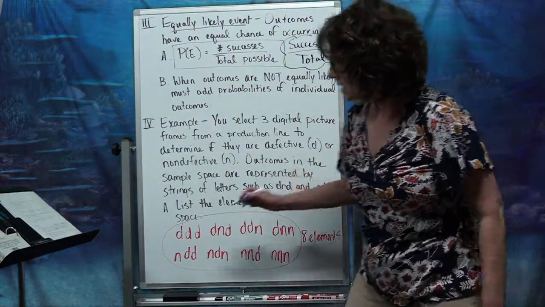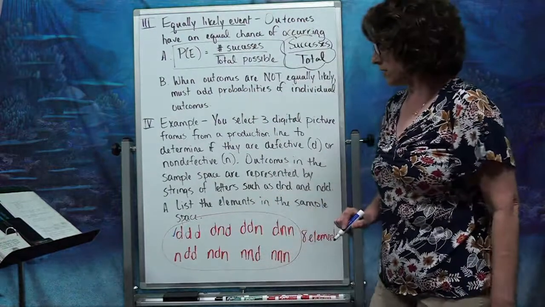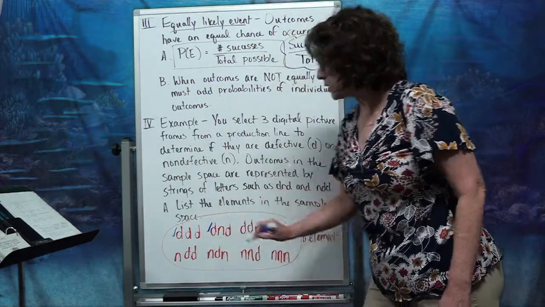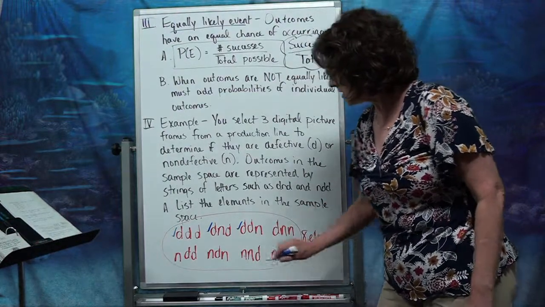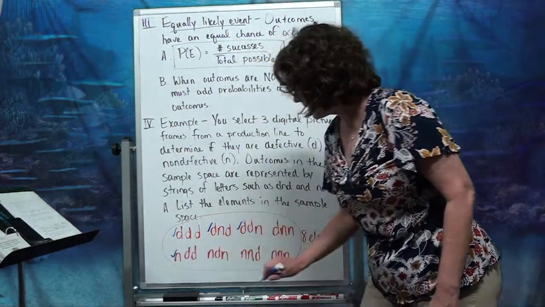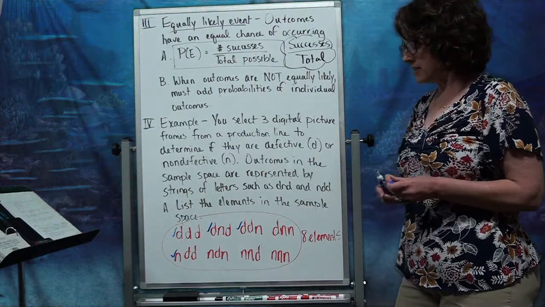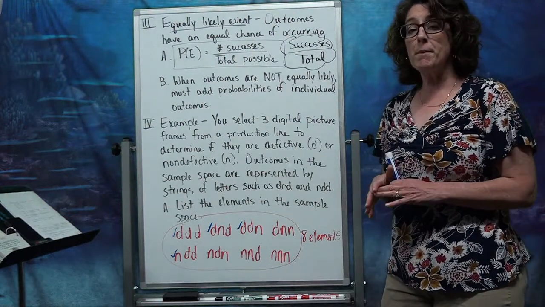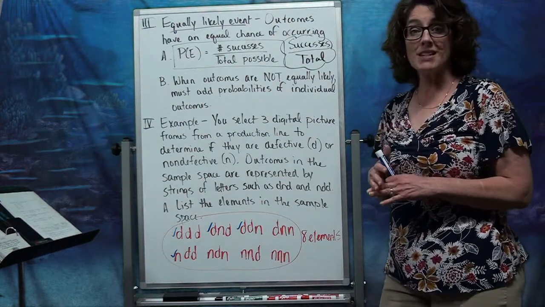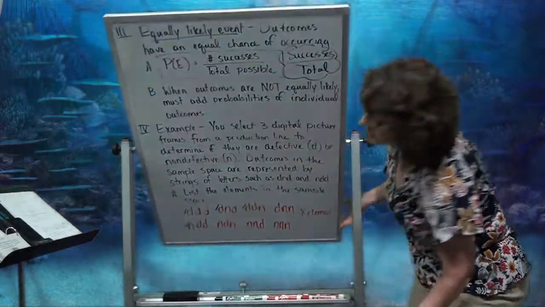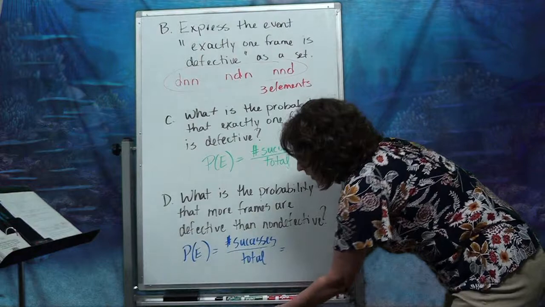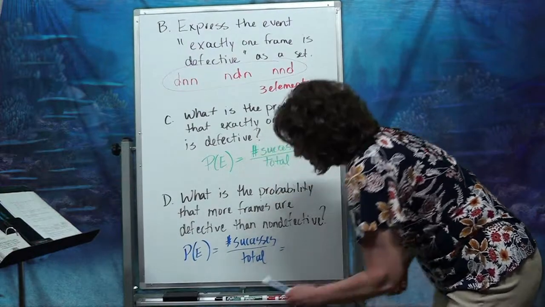So here's a case where I've got more defective than non-defective. Here's a case where I have more defective than non-defective. Here's a case, and that's all the cases. So there are 4 opportunities to be successful in that event. That means the number of successes is going to be 4 in this probability.